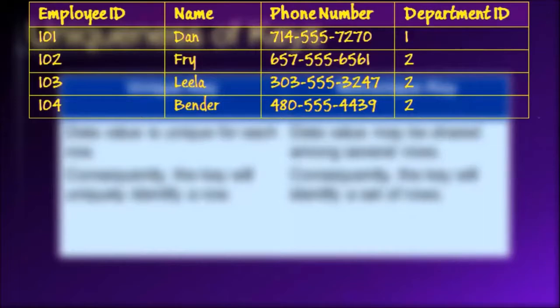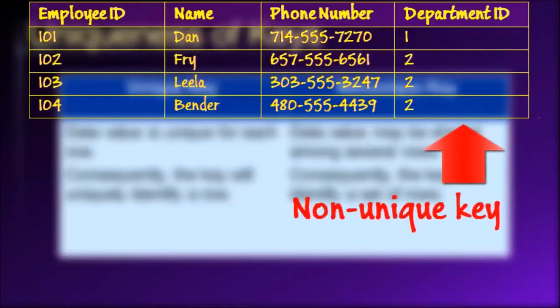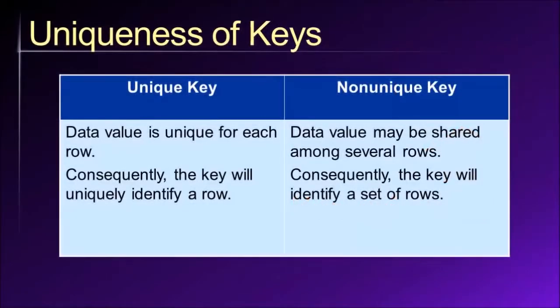So let's say that department ID number 2 is the accounting department. In this case, the department ID is a non-unique key within the employee table, and more than one employee may have a value of 2 for the department ID attribute.